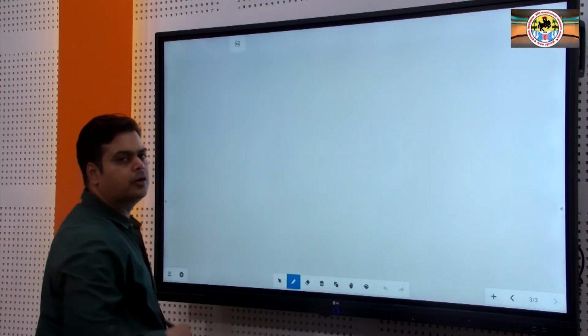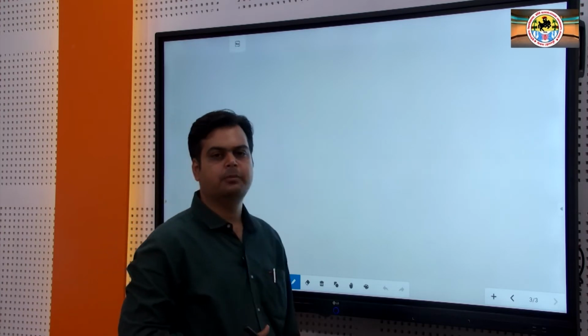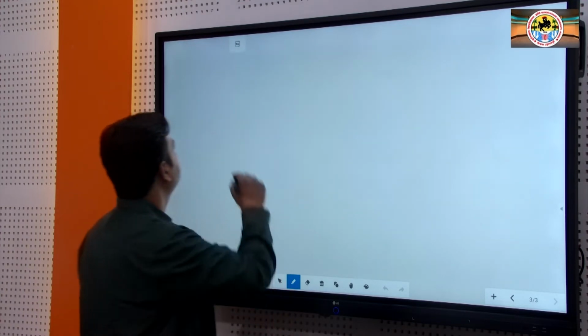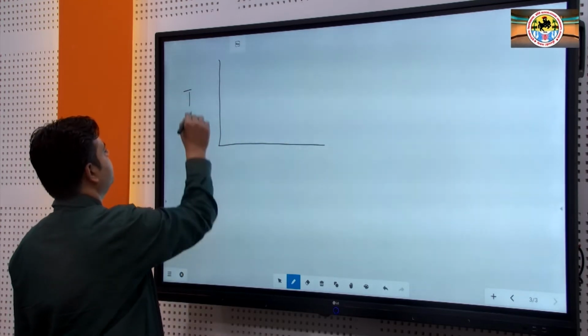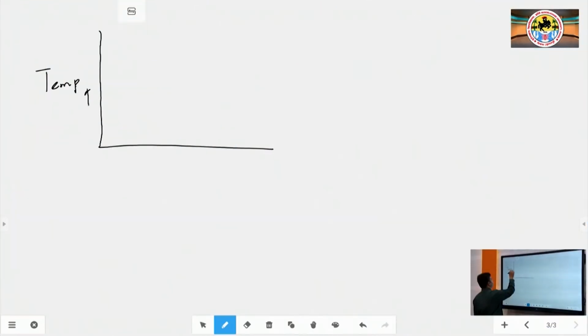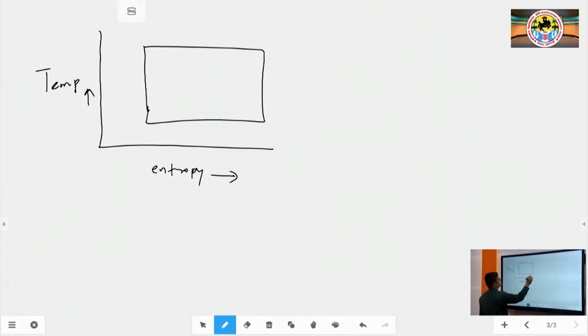So, let us see the TS diagram or PV diagram of the Carnot cycle. This one is the temperature and this one is the entropy. So, this is the TS diagram of the Carnot cycle.